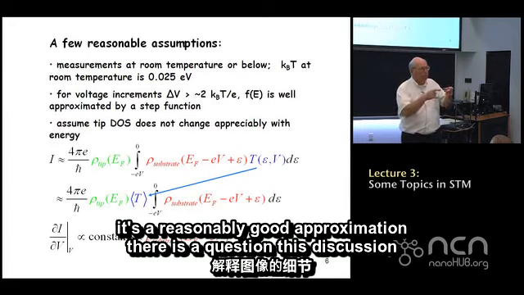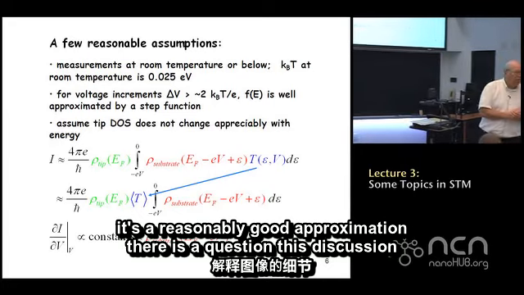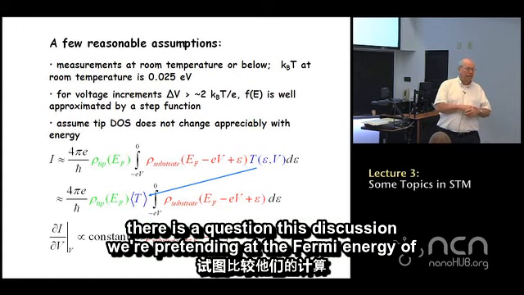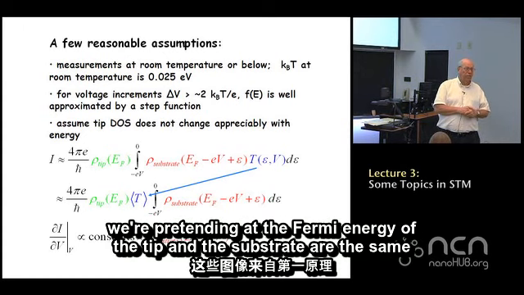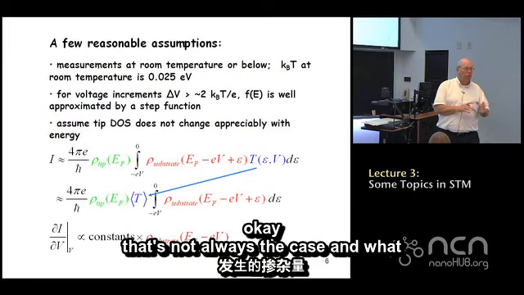There's a question. Is the Fermi energy of the tip and the substrate almost equal, or how different are they? Well, in this discussion, we're pretending that the Fermi energy of the tip and the substrate are the same. That's not always the case.